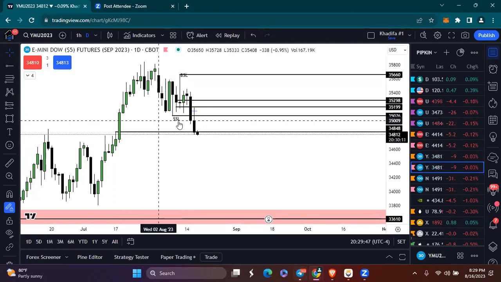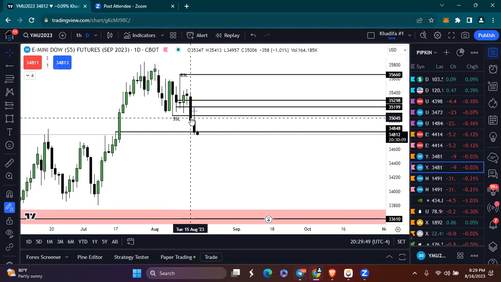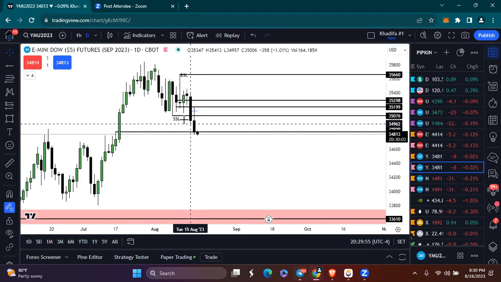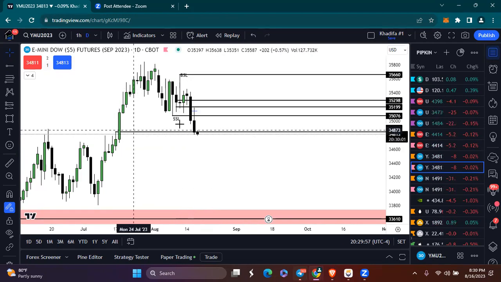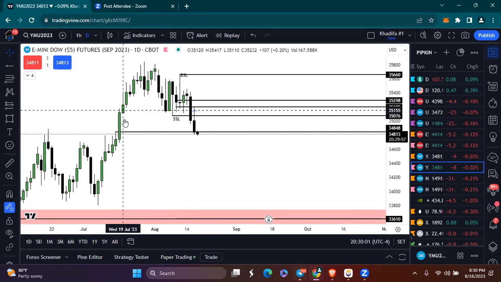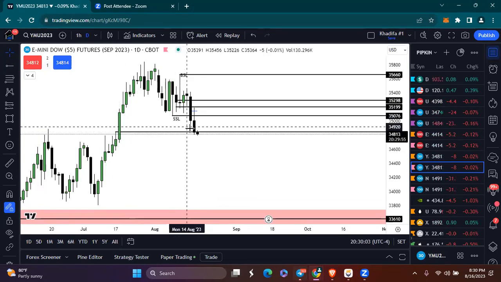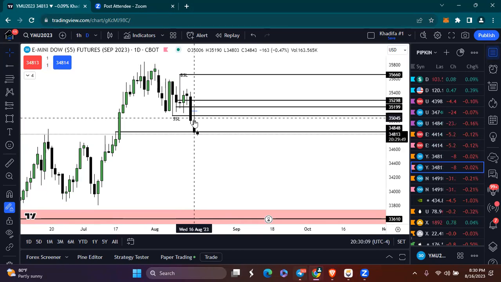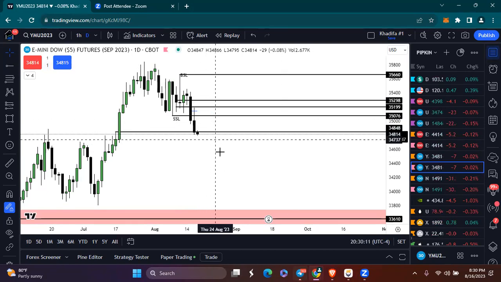I wanted to see us run this sell side liquidity and close below, and that's what we got. We got that pullback up today, and price came on down to fill in this fair value gap and run that level. I expect us to have a pullback up into today's premium price and continue to sell out tomorrow.